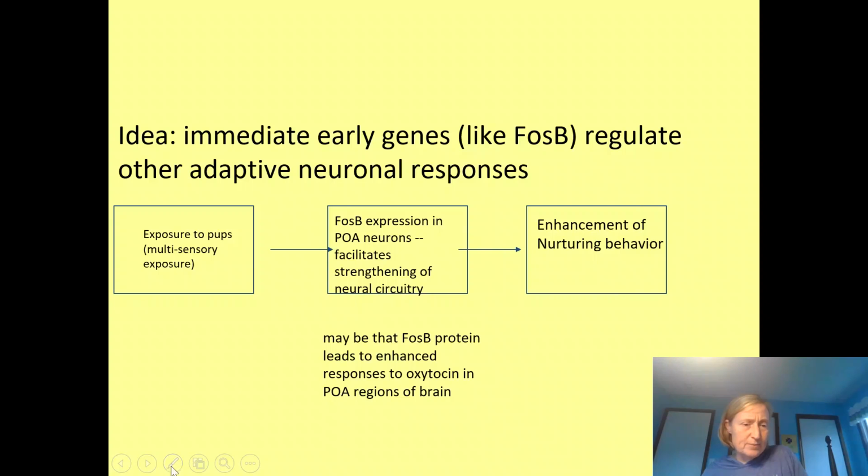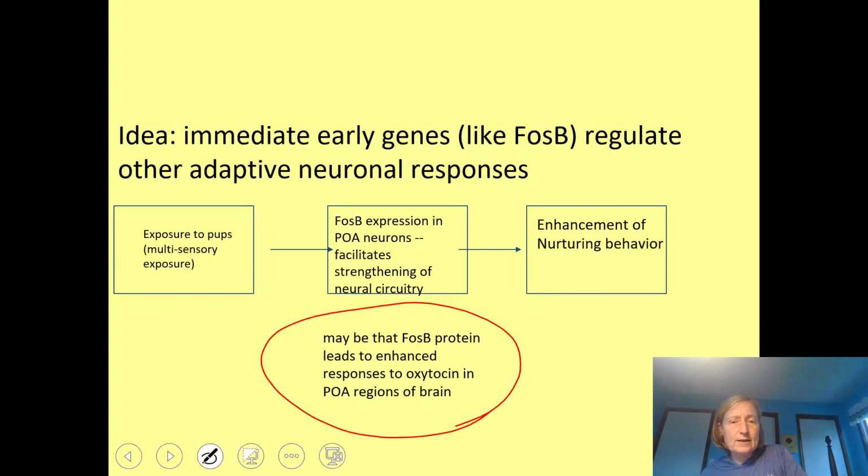Researchers have suggested that perhaps the FOSB protein somehow enhances responses to oxytocin in the brain. And oxytocin is a hormone that has been over and over shown to enhance pair bonding and bonding in animals, and so that would enhance nurturing behavior.